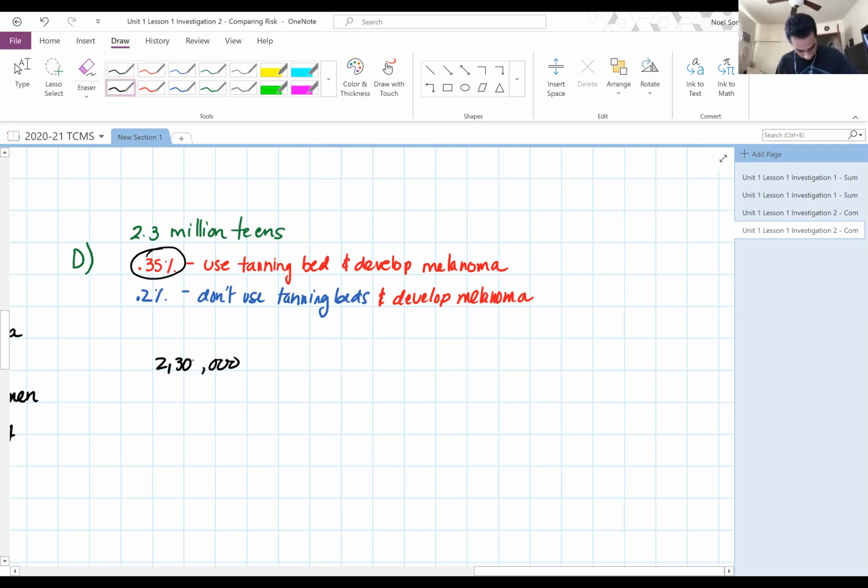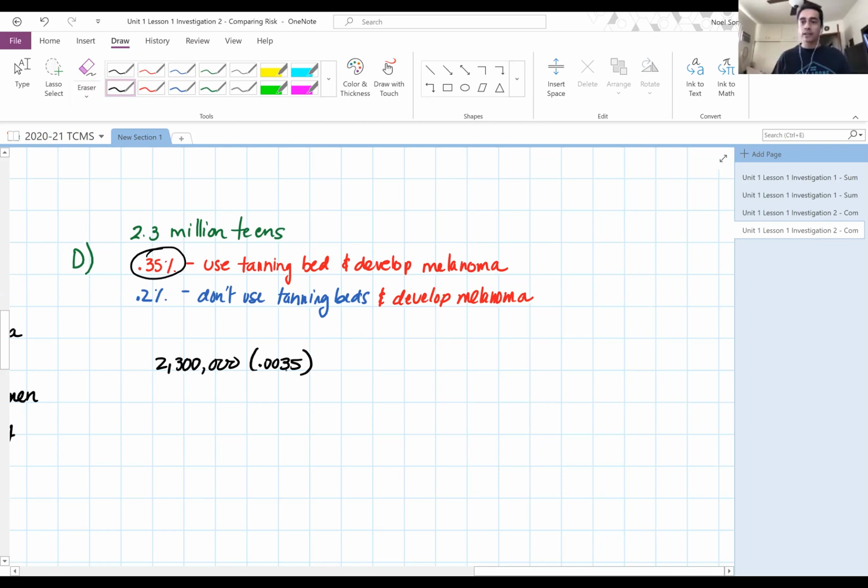And we want to find out of those 2.3 million teens, how many are going to develop melanoma if they all use tanning beds. So if they all use tanning beds, we would multiply that by a proportion. We would take the 0.35%, convert that to the proportion 0.0035.